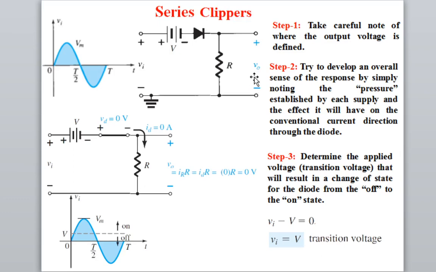And second step, you have to try to develop an overall sense of response. What I wanted to say is that you first develop a sense of what the polarity of this battery is, what the polarity of the applied input signal is, and what the polarity of the diode is. The input voltage and the battery voltage bias: in what direction are they giving pressure to flow the current?